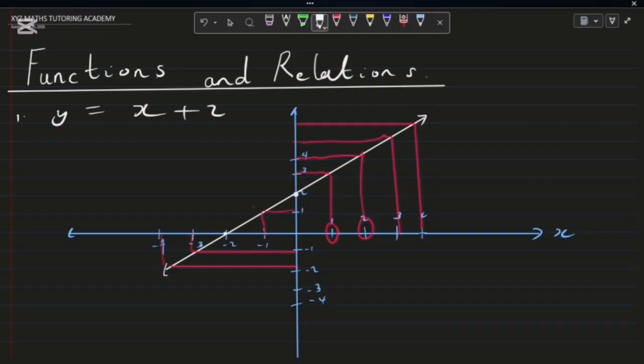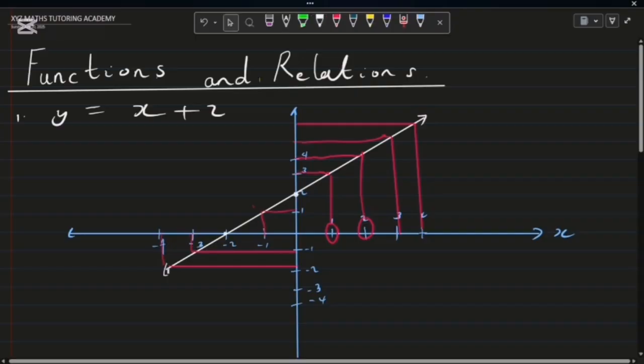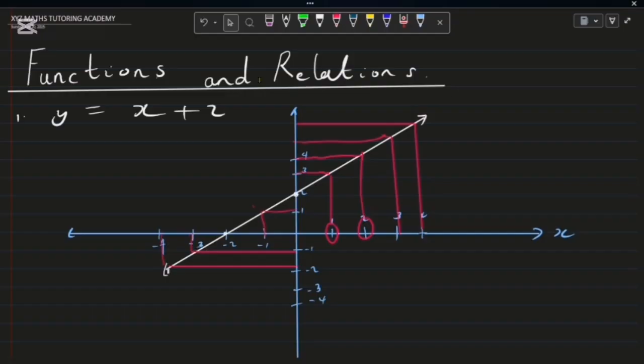Each y value has its own x value. That is the definition of a function: a relationship whereby each y value has a unique x value. So for a graph to be a function, there must be no sharing of x values between the y values, of course.